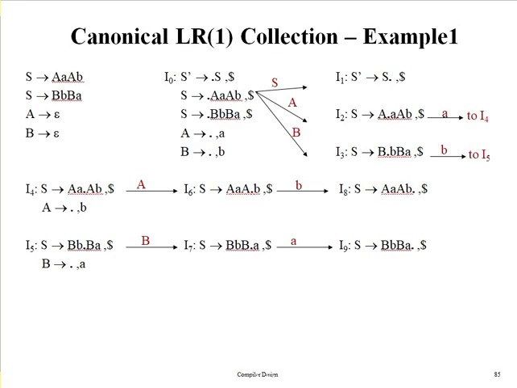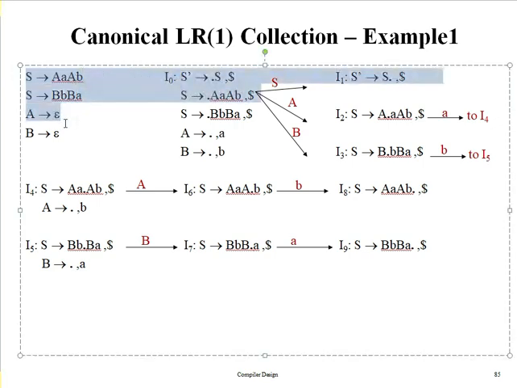So let's consider one example of how we can construct the CLR parsing table. Assume we are given this grammar having these production rules: S derives A, S derives B A, B, A derives epsilon, and B derives epsilon.